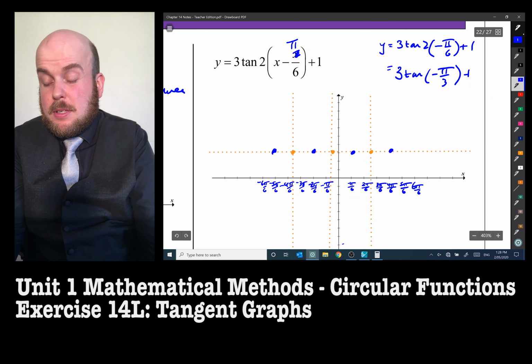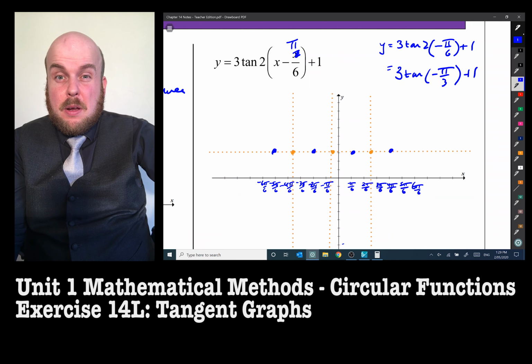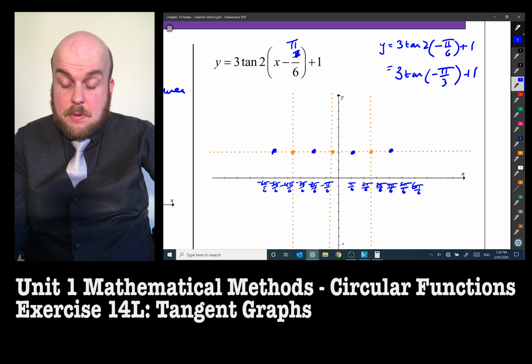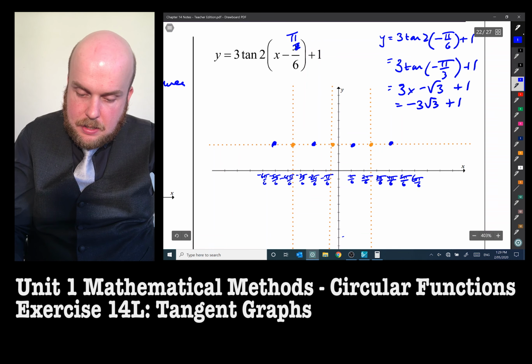It's in the fourth quadrant, so it's going to be a negative answer. So pi on 3 is going to be 1 opposite over adjacent, so it's negative root 3. So that's going to be 3 times negative root 3 plus 1. So that's going to be negative 3 root 3 plus 1. So it's going to be something about here, I'd say.